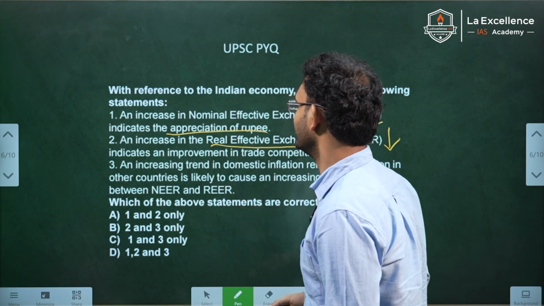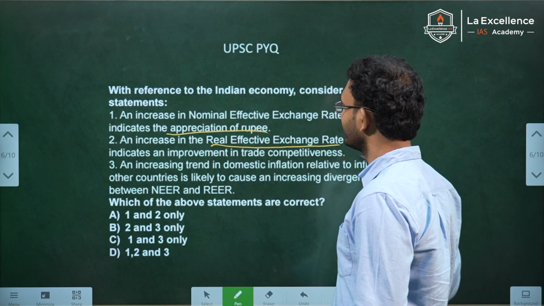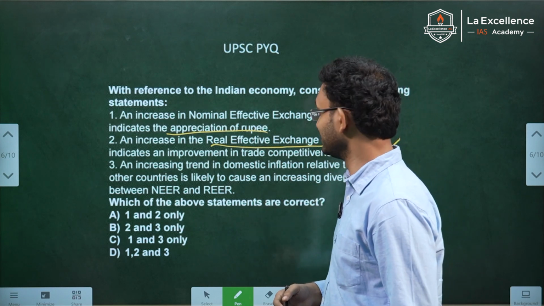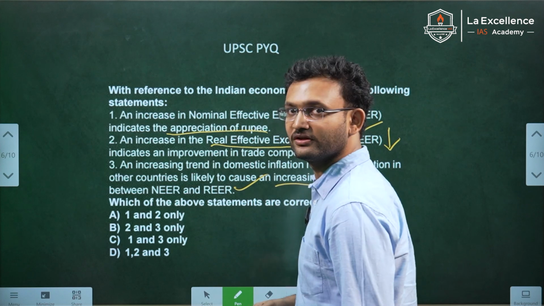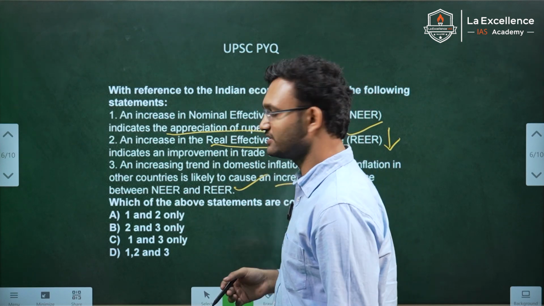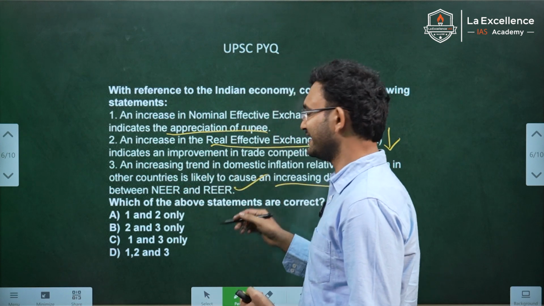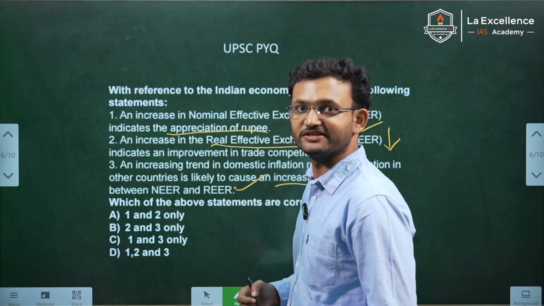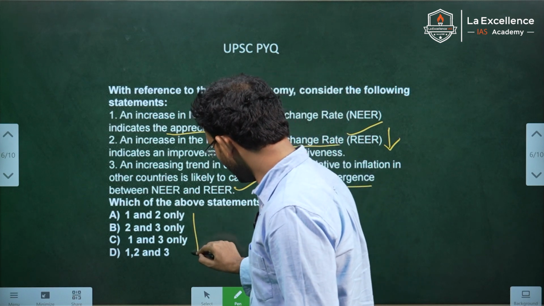And the third statement says an increasing trend in domestic inflation relative to the inflation of other countries is likely to cause an increase in divergence between NEER and REER. As NEER and REER are separated by inflation, if there is zero inflation, then NEER and REER would be exactly equal. As the inflation rises, the divergence would increase. These are 2022 questions.